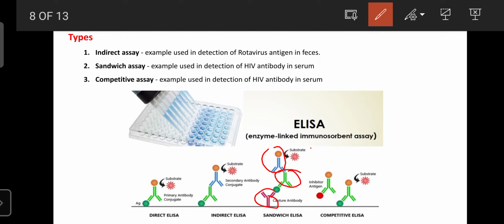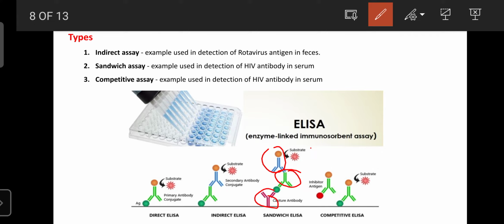Then the competitive assay. Here there is a competition for the same targeting molecule. Whatever antibodies you add form a complex with the antigen competitively. In another step we can also add our own antigen, which targets the same antibody, and that antibody carries the enzyme.